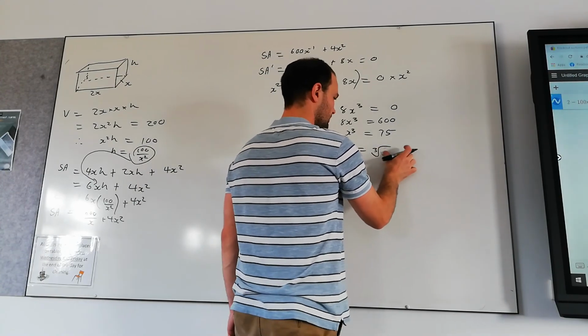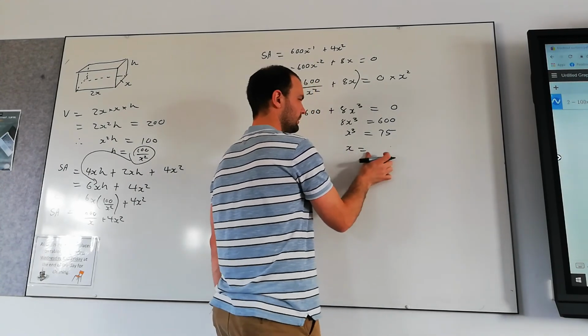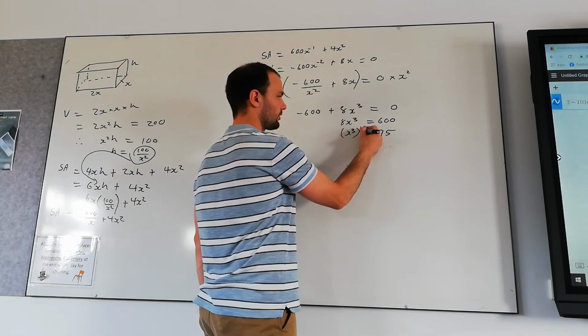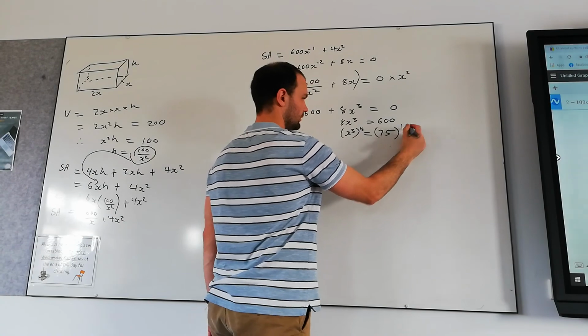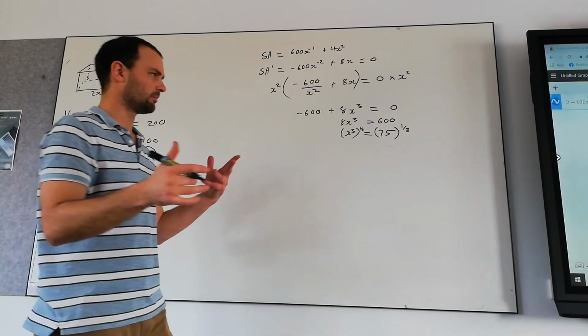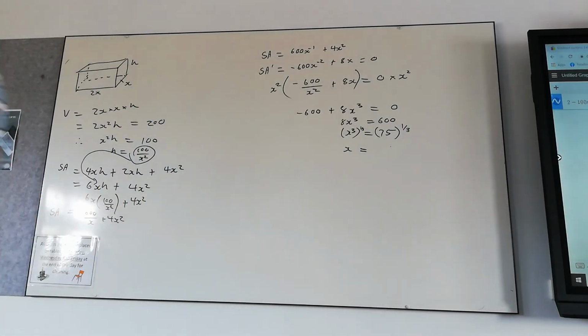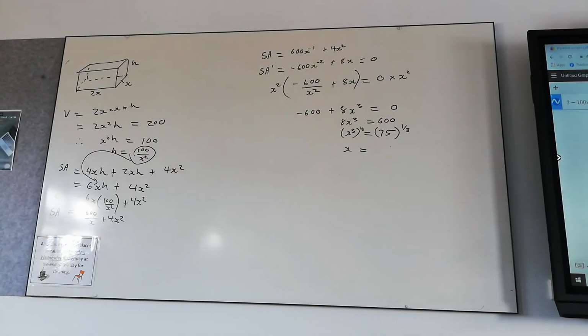You can think about it in terms of cubed root like this. We're putting both sides to the power of a third. That's what we're doing when we perform the cubed root. And so here we're left with x equals the cubed root of 75, which is about 4.22.